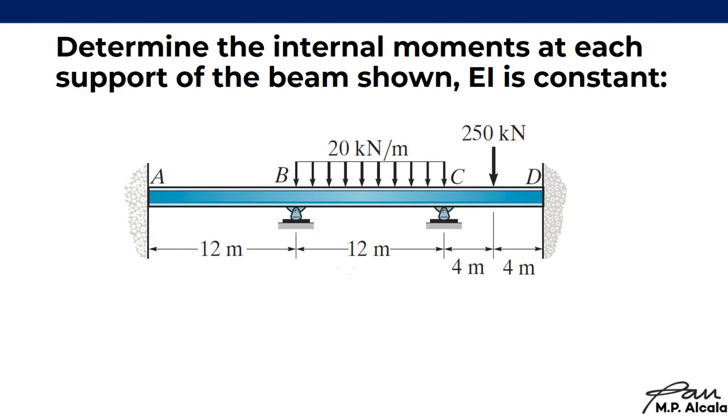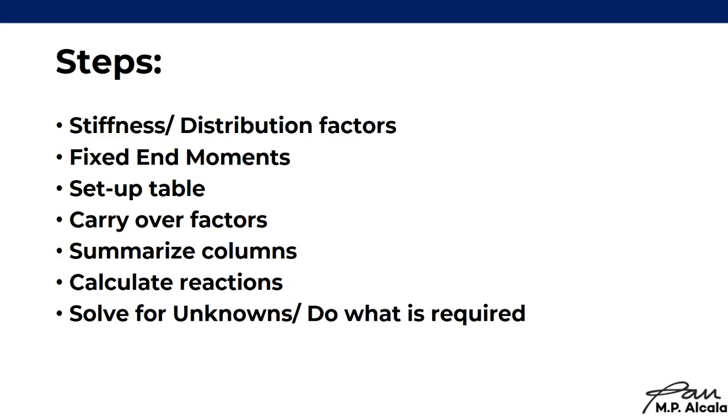So again, class, you know me already that we have to approach procedurally. Systematically, we have the following steps. Identify the stiffness and distribution factors based on our constants, or what has already been discussed in the lectures and the books.